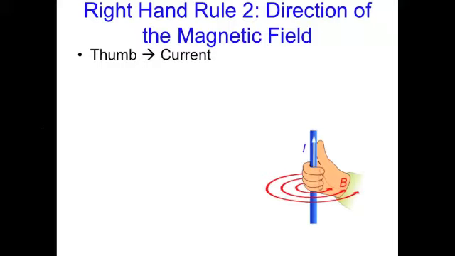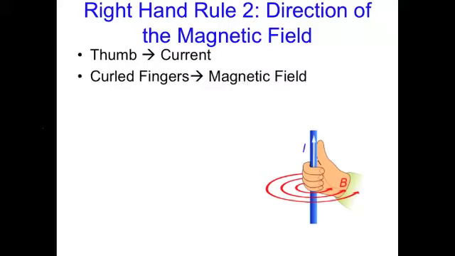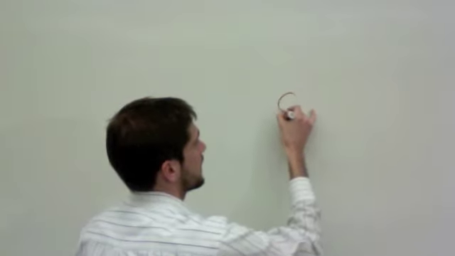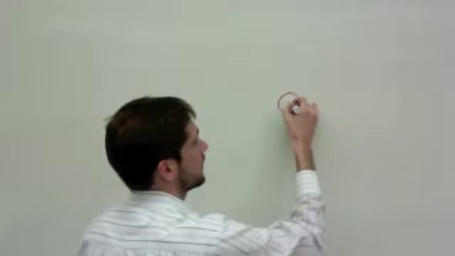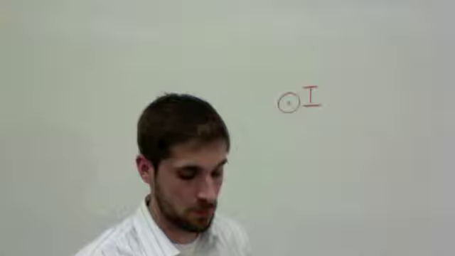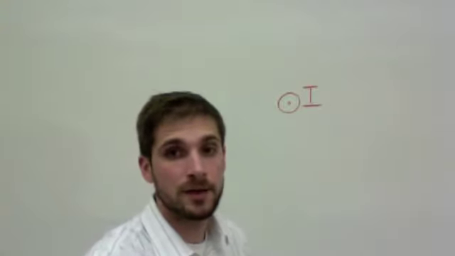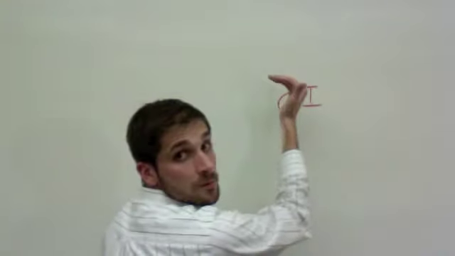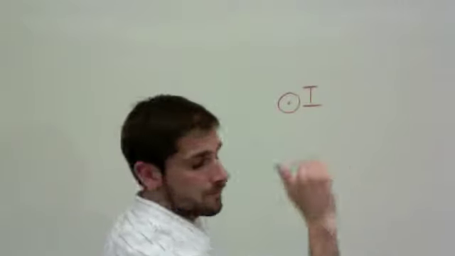Just like you're grabbing that current-carrying wire, you will then wrap your fingers or curl them around, and the direction in which they curl will represent the shape of the magnetic field. To draw the current coming out of the page, I'll place that with a dot. And this will be my current. The current here is indicating that it's coming directly out of the page.